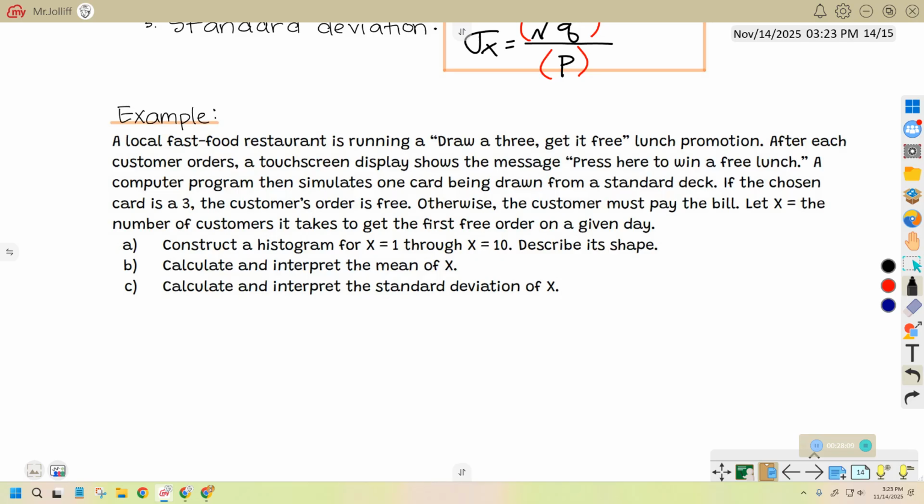Probability of success the same for each trial. Yes, 4 3s out of a deck of 52 cards for each draw. And then N, we look at what we're keeping track of. So what is our random variable keeping track of? Number of customers until first free lunch.